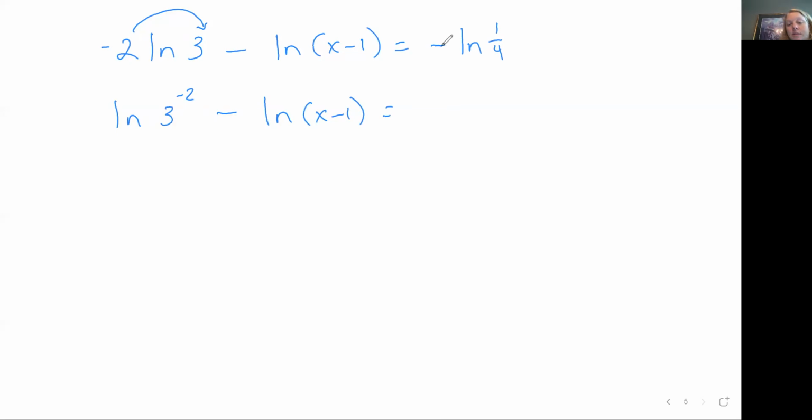Okay, and then this is an understood negative 1, so it also becomes an exponent. Okay, 3 to the negative 2 is 1/9. And then subtraction can change to division. 1/4 to the negative 1 is 4. Now my ln's will cancel.